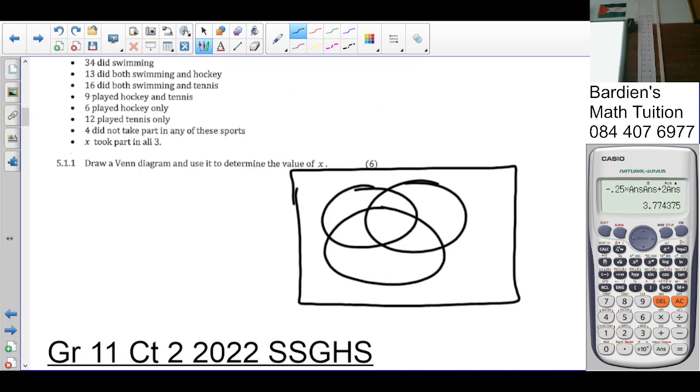So we had swimming, hockey, and tennis. So we said that 34 did swimming, so all these add up to 34. 13 did both swimming and hockey. So 13 lies here, swimming and hockey. The 13 is that value there.